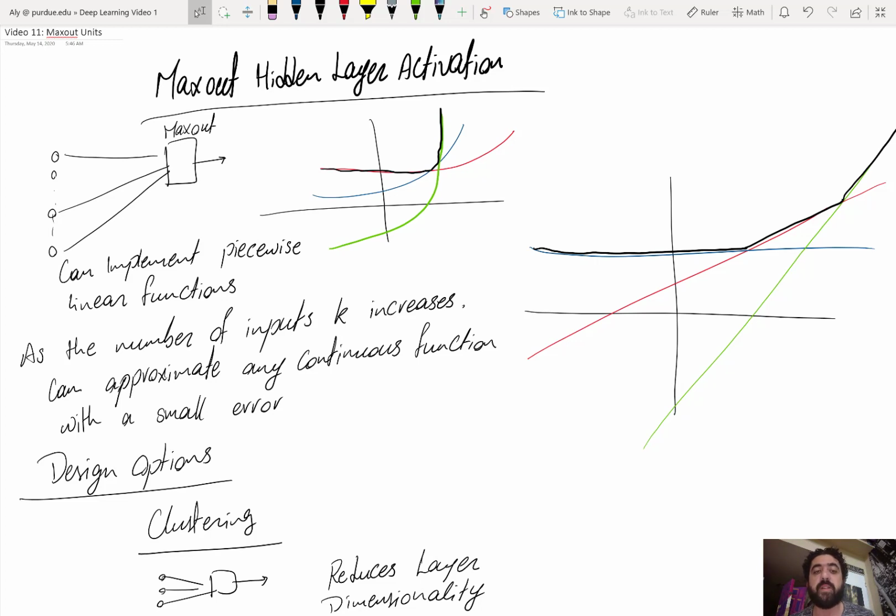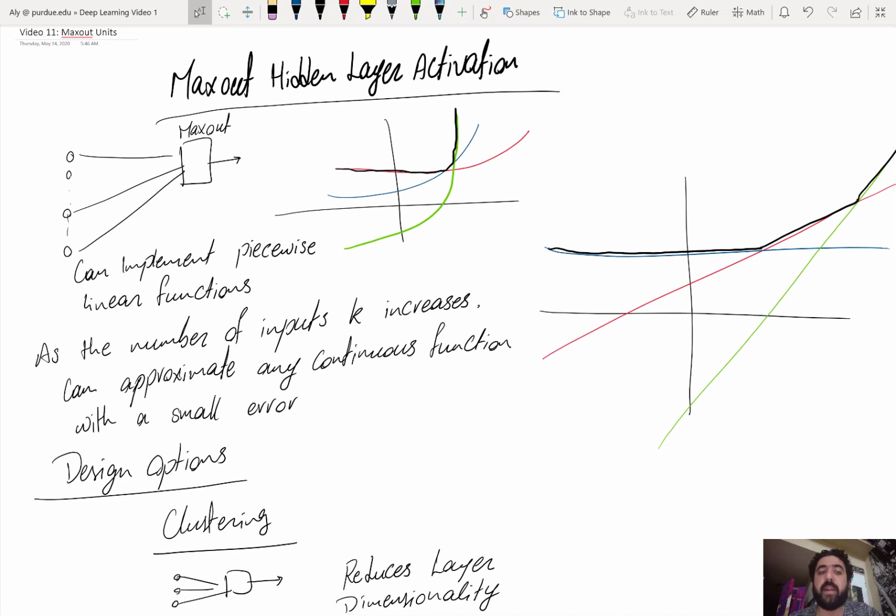As you increase k, you increase the size of the layer before the Maxout. Remember, for every Maxout unit you will have k parameters. That number has to be very large to approximate a continuous function with a small error. So it can add a lot of complexity using Maxout, but it can also be very powerful for learning.